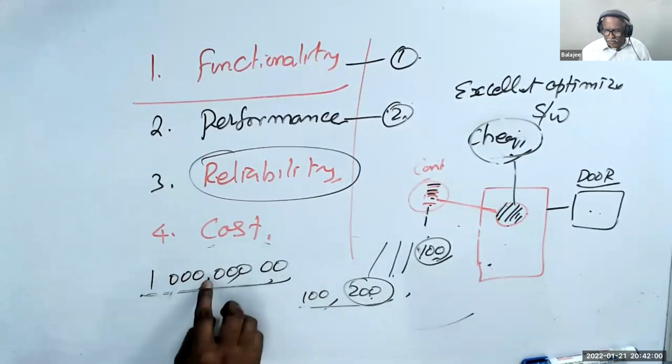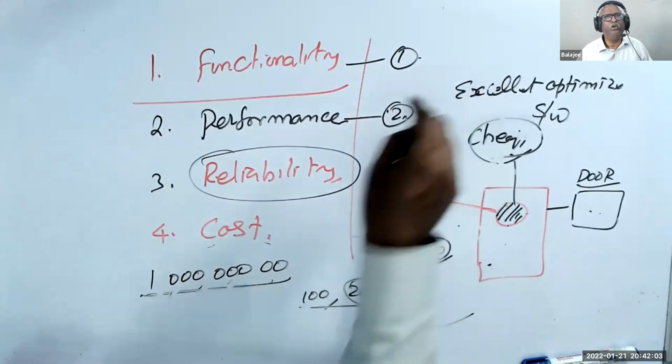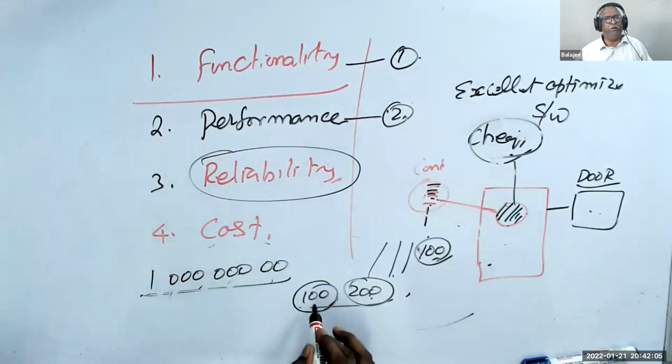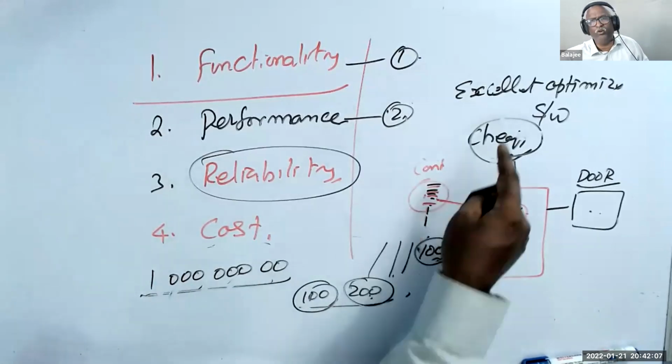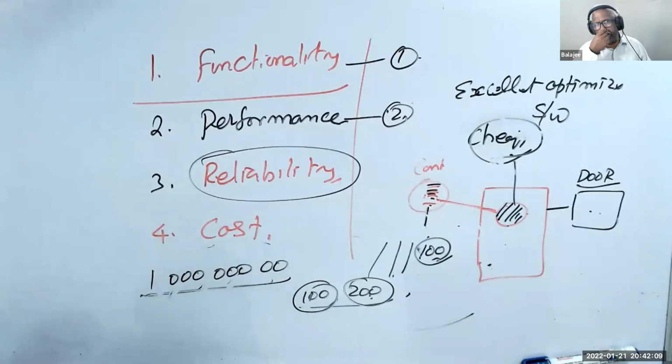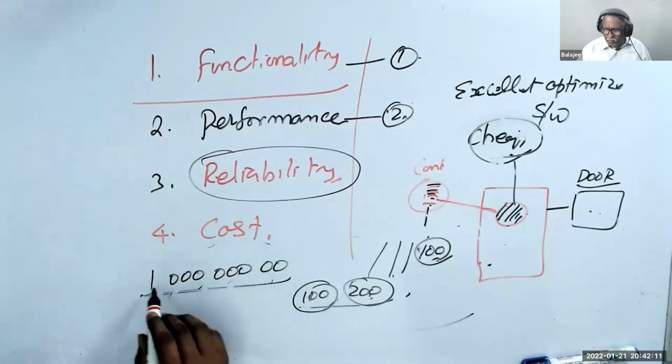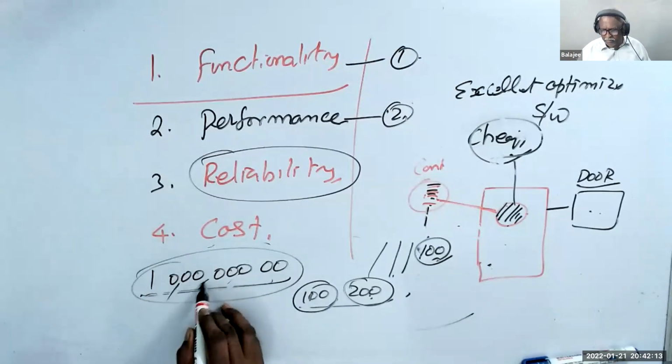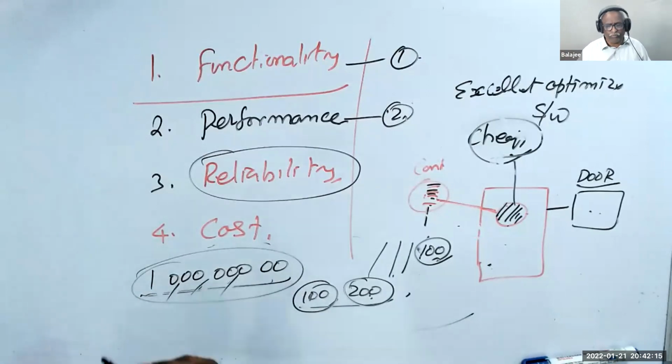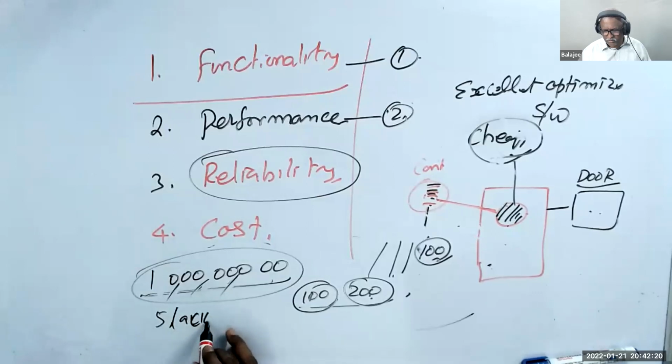But because of an efficient engineer, we make the product with the 100 rupee microcontroller. Your algorithm is very good, your software is very good. So the company will say, hey, Balaji has saved 10 crore for the company, man. So give him a bonus of 5 lakhs. Am I right? Give him a bonus of 5 lakhs.